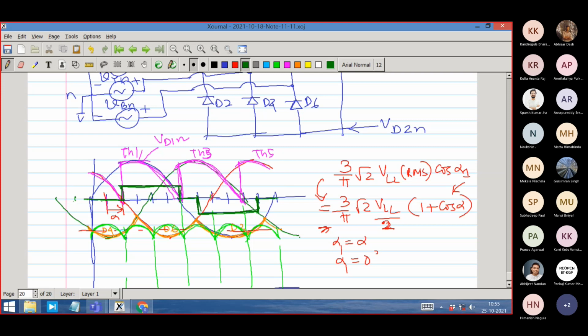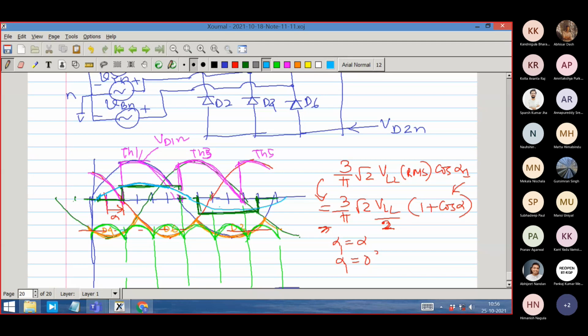So if it is 0 here, the zero of the current will be shifted to alpha by 2. Since in this case I have taken alpha equal to 30 degrees, the zero will be somewhere here. This will be the fundamental component.